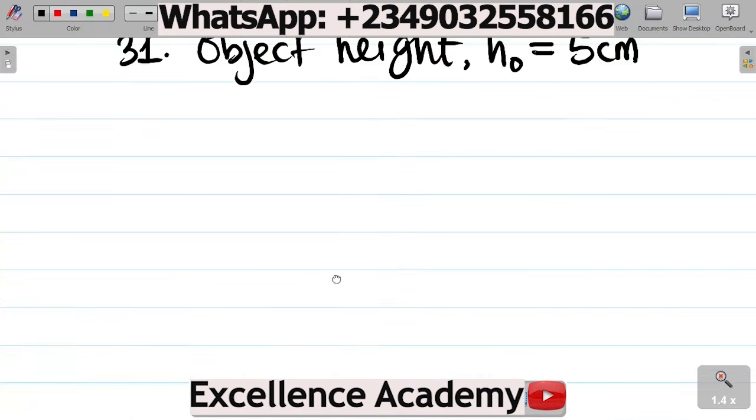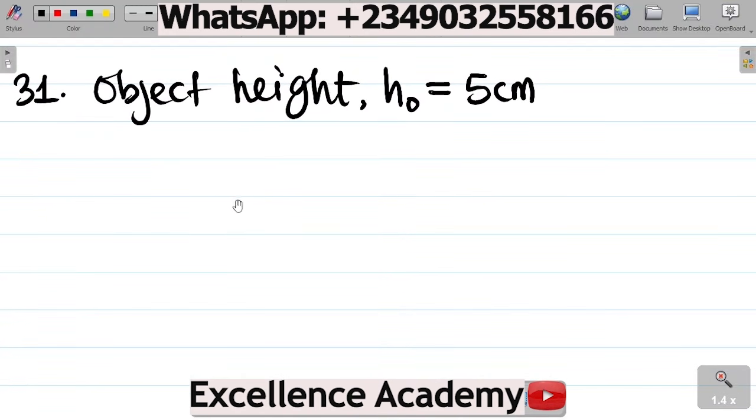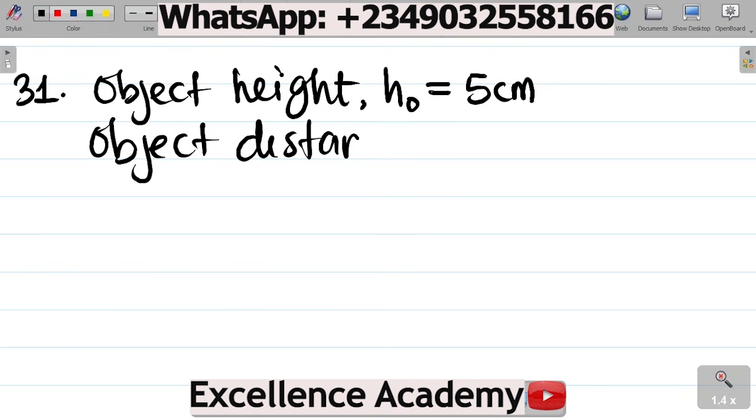All right, so let's take down the parameters there. Object height is 5 cm. Object distance is popularly represented by U. Object distance U is equal to 20 cm. And they give you focal length.